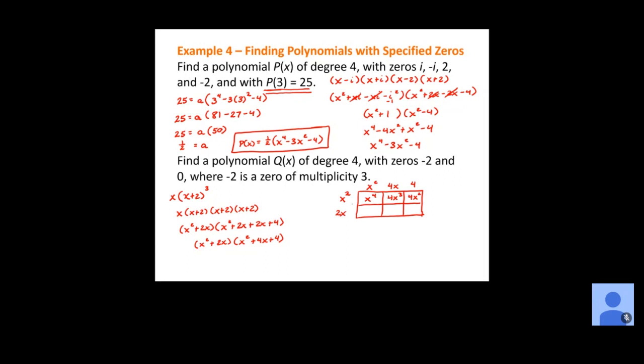And then we go down to our next line. 2x times x squared should be 2x to the 3rd. 2x times 4x should give us 8x squared. And finally, 2x times 4 should be 8x. Any questions about how I got any of those terms now?